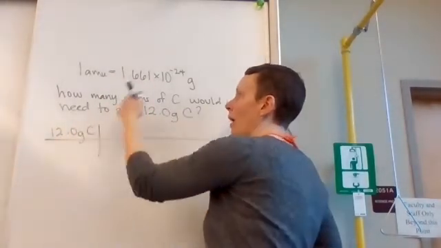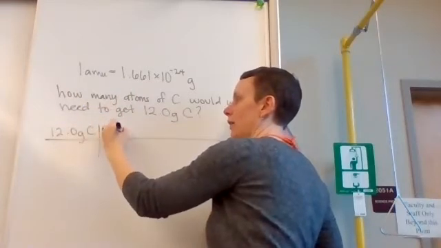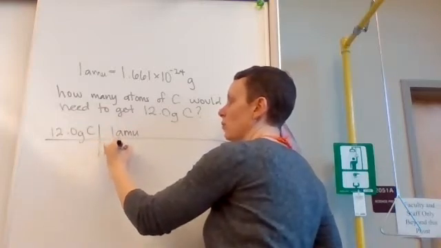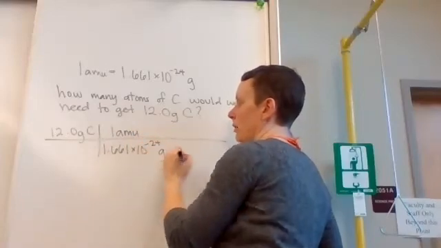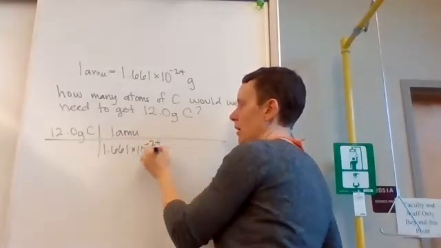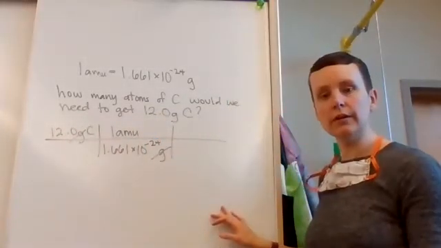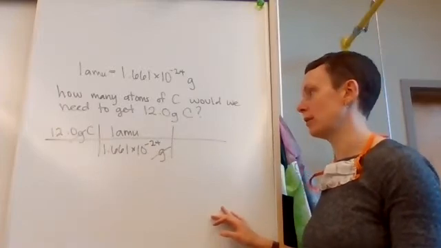I'm going to put grams on the bottom to cancel, and 1 AMU on the top. 1 AMU equals 1.661 times 10 to the negative 24th grams. So the grams piece cancels out.